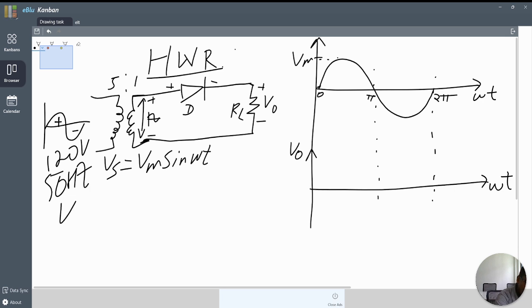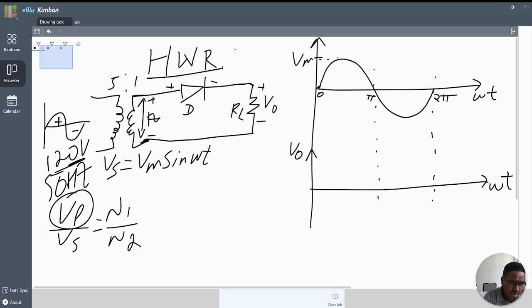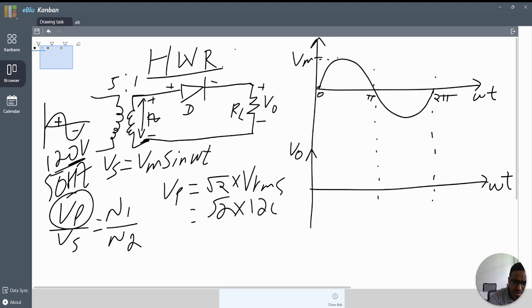As you know, V primary over V secondary equals number of turns primary over number of turns secondary. First, our input supply is V RMS, the effective voltage, so it must be changed to V peak. V peak is equal to root 2 times V RMS, so root 2 times 120 is approximately 170 volts V peak.